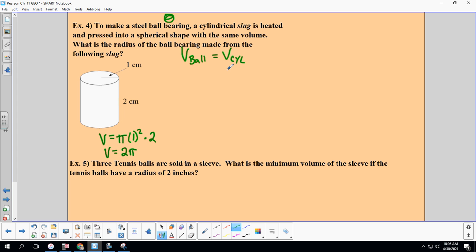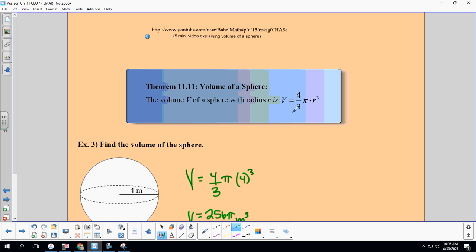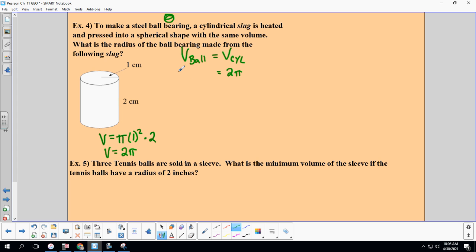So the volume of the cylinder is 2 pi. The volume of the ball is also going to be 2 pi. So let's put in our 4/3 pi r cubed in for our volume, and we're going to solve for r.